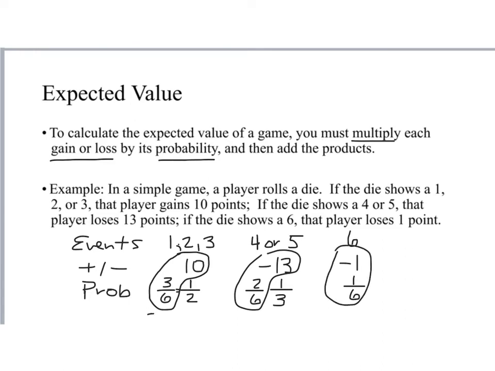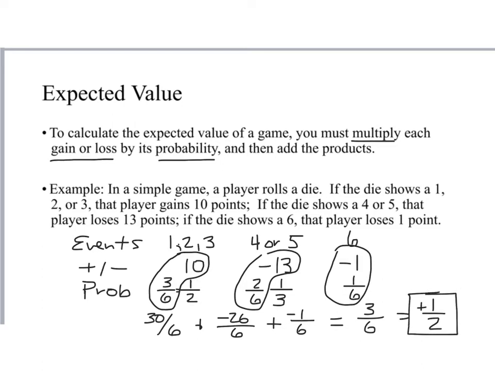So this would be 30 out of 6, plus a negative 26 out of 6, plus a negative 1 out of 6. If you add these up, you get 3 out of 6, which is 1/2. And that is a positive 1/2.